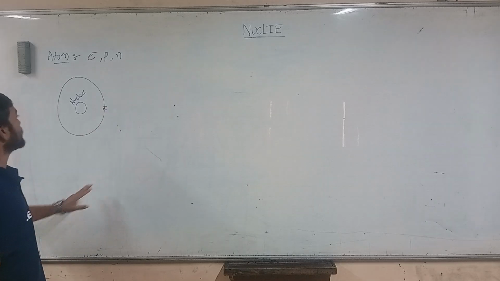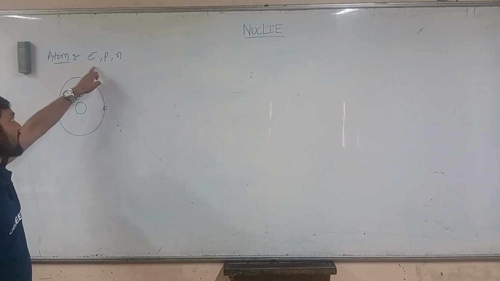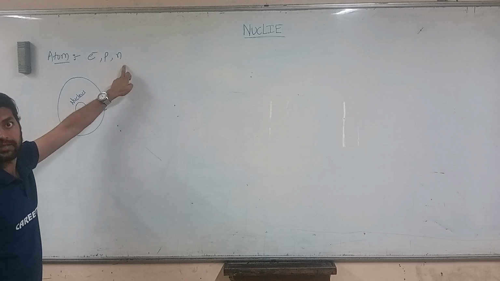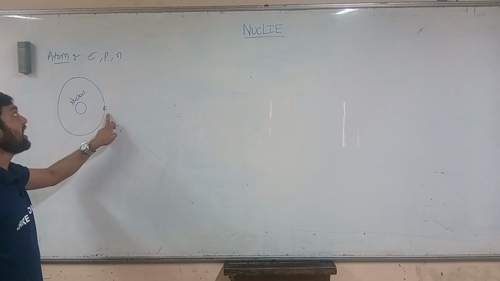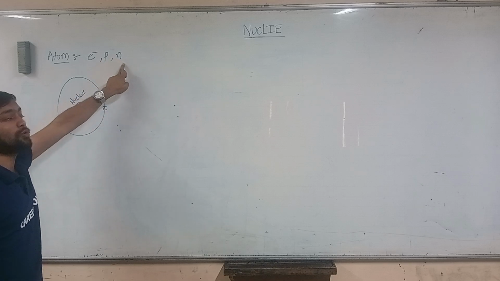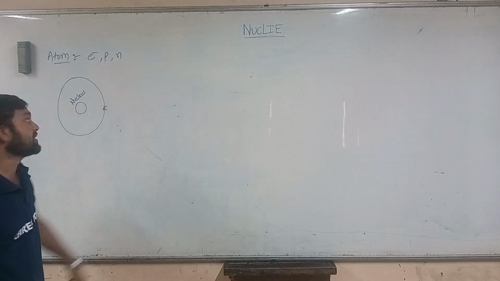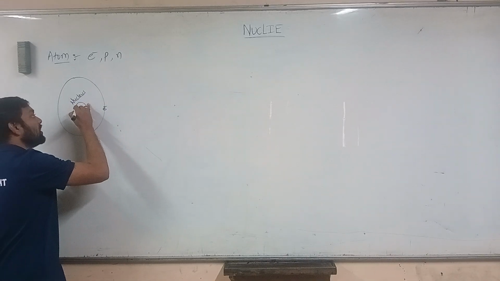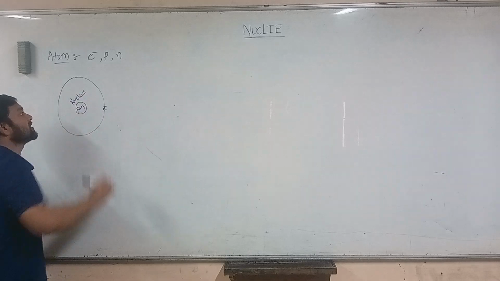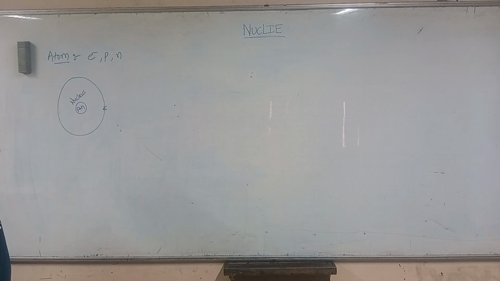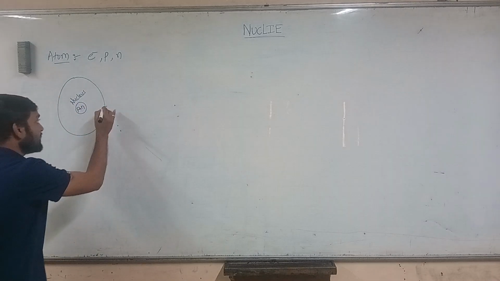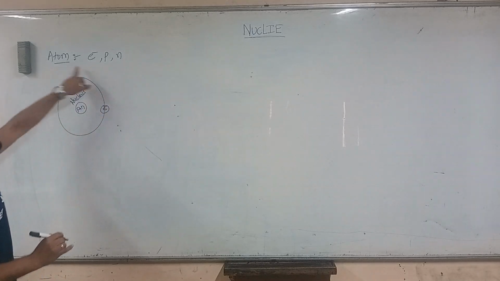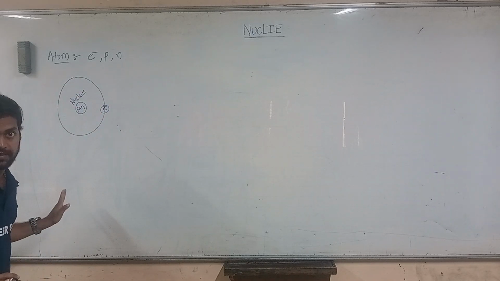The atom consists of electrons, protons and neutrons. The protons and neutrons are in the nucleus, and the electron is revolving around the nucleus.